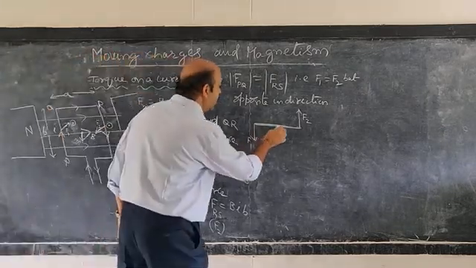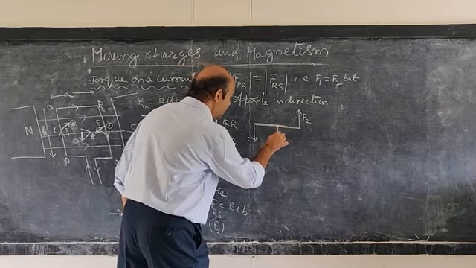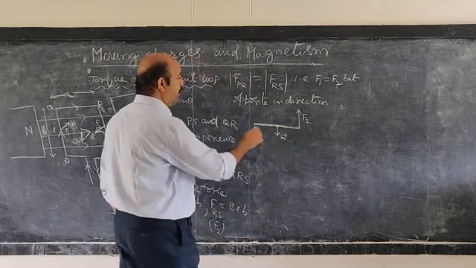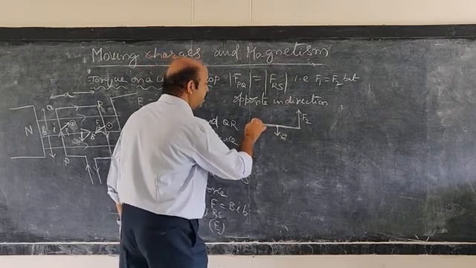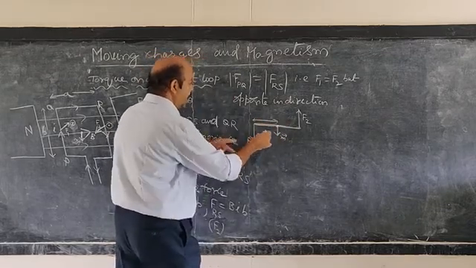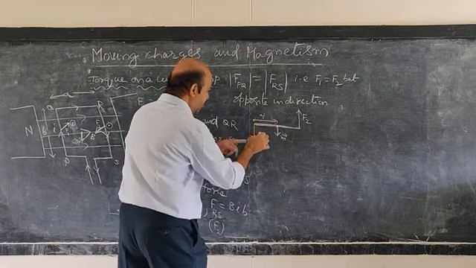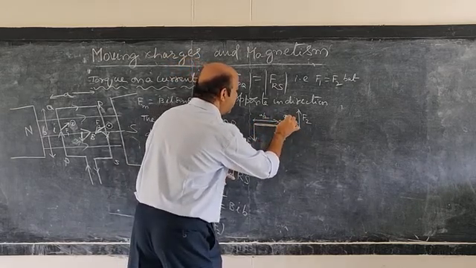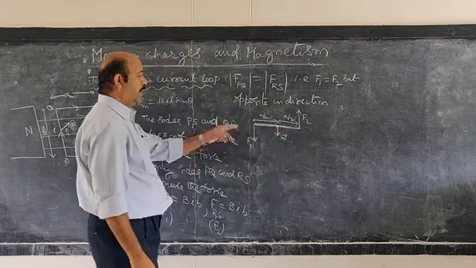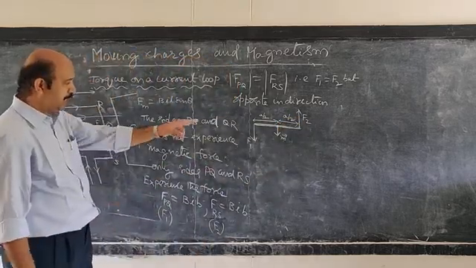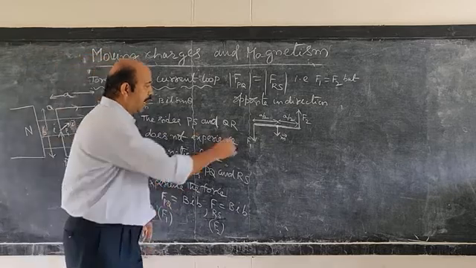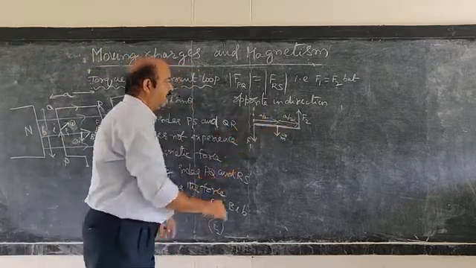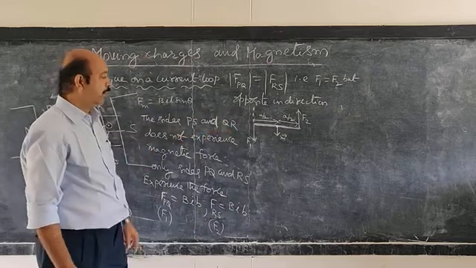Let us suppose this is the magnetic moment M, and this side is at a distance of a by 2, and this side is also at a distance of a by 2. So the perpendicular distance between the lines of action of the forces will be a by 2 plus a by 2.